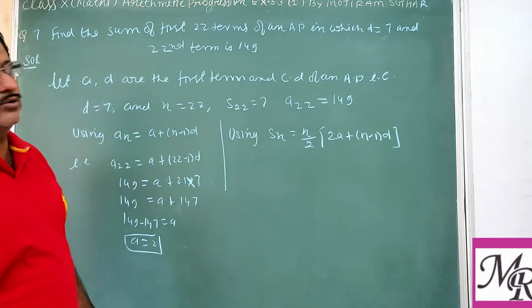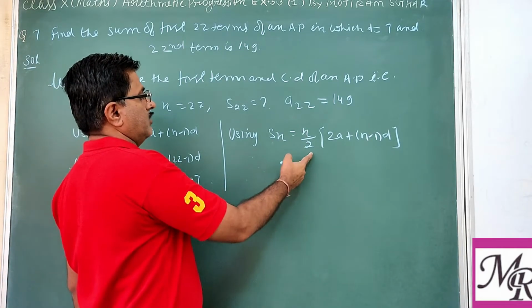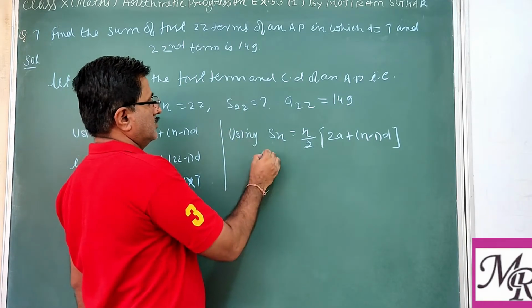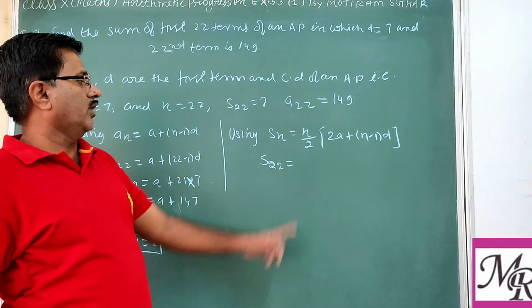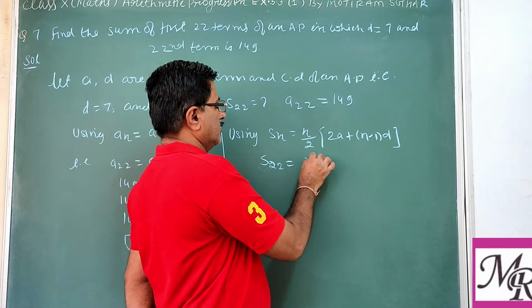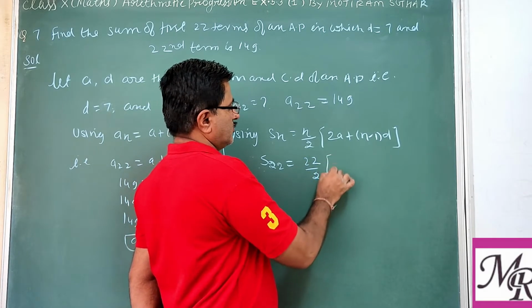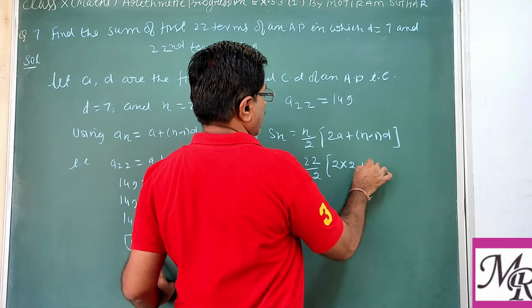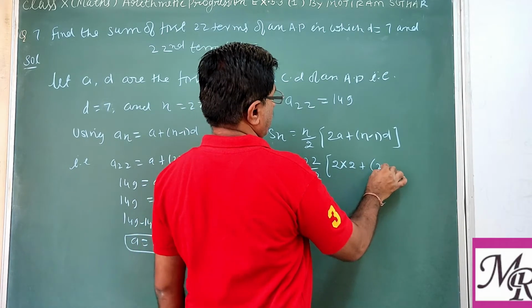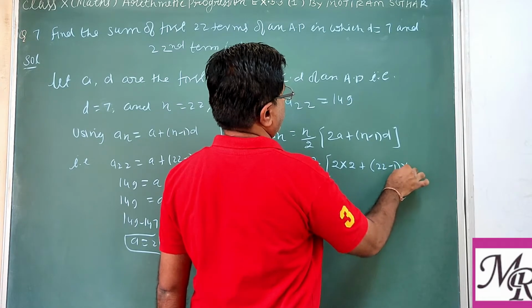This formula we have to use, where n is the number of terms. That is, 22 terms we want to find the sum of. So n is replaced by 22, 2 into the first term which we have calculated, that is 2, and d is also given.